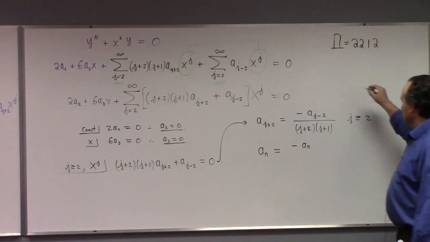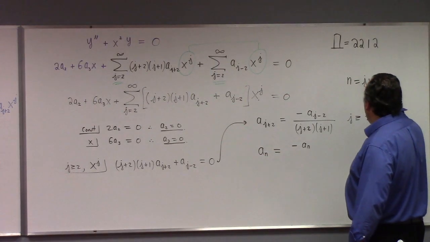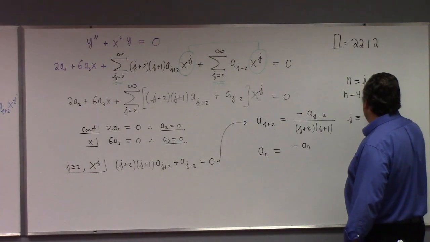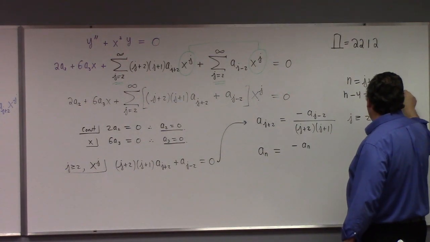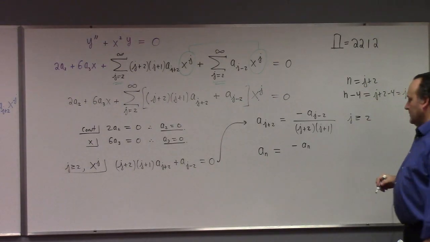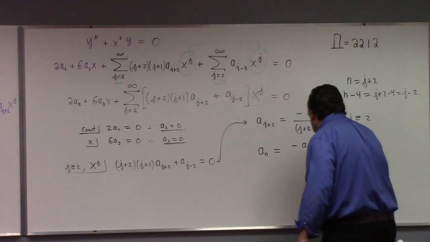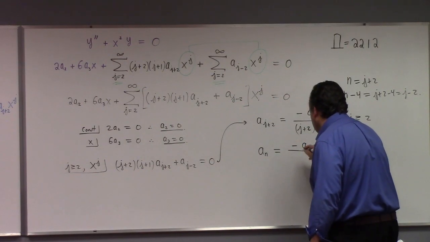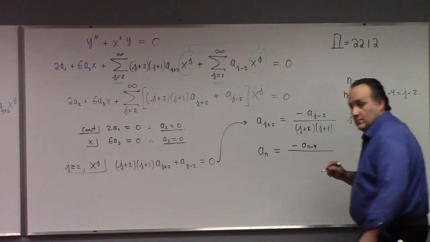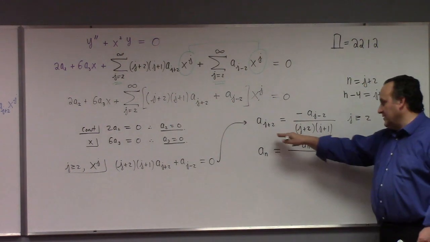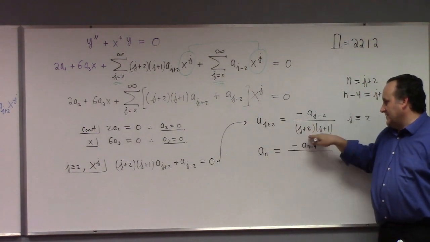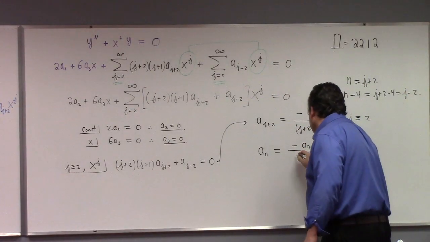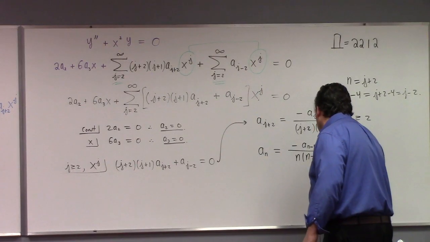If n equals j plus 2, then n minus 4 is j plus 2 minus 4, which is j minus 2, right? So we have n minus 4 here: a sub n minus 4 divided by, in the denominator, we match the index, right? So if there's an n here, there's an n there. So we've just got n times n minus 1.